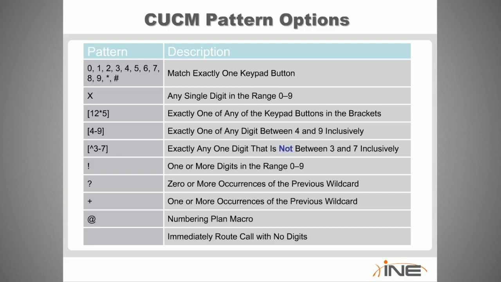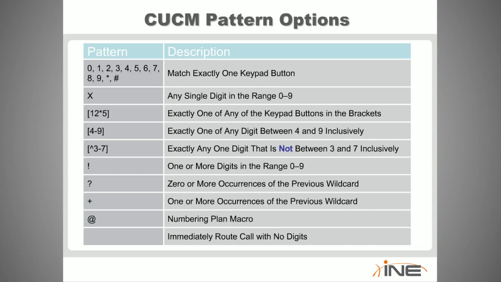Plus is a regular expression that indicates 1 or more of the previous wildcard. So if I had a DTMF digit 8 plus as the pattern, that would match 8 8, but it would not match a single 8, because the plus says 1 or more, not 0 or more. It would match 8 8, 8 8 8, 8 8 8 8, 8 8 8 8 8 8 8.